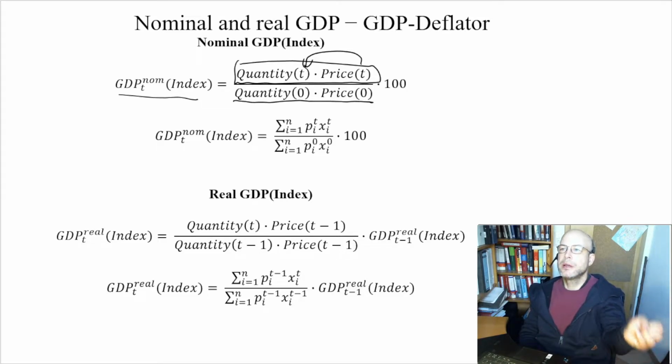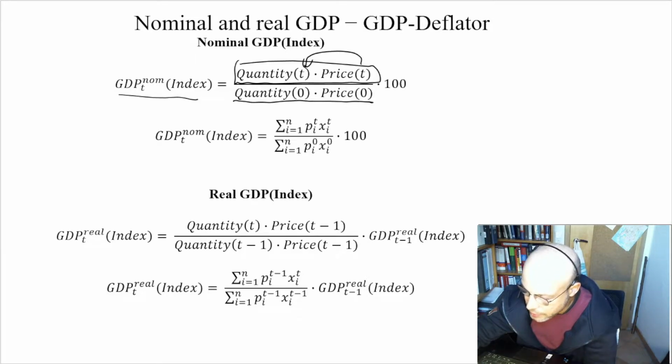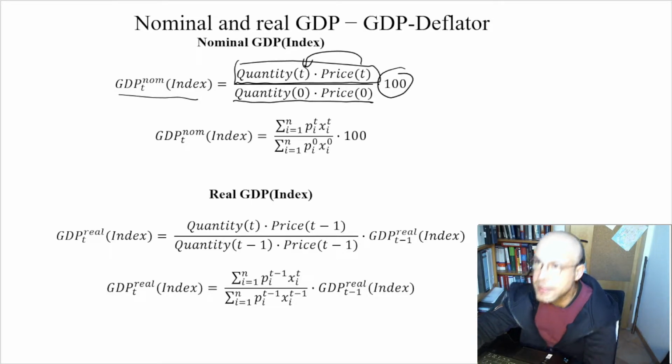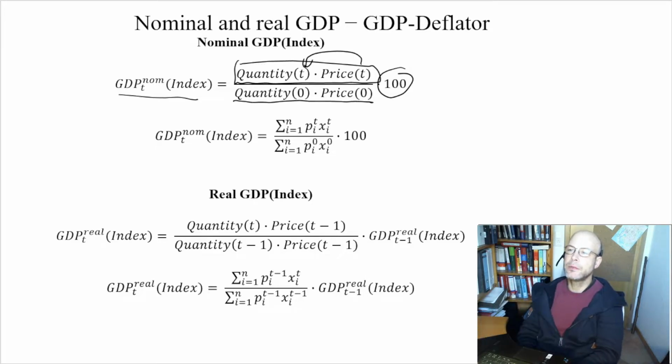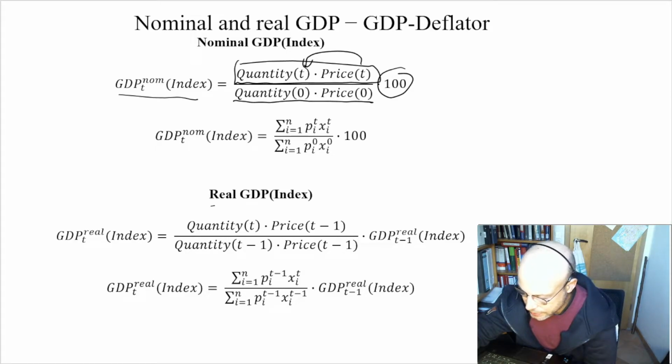But this is only fixing that we afterwards obtain an index, and then we multiply this number with 100, because in general we want to have an index in the neighborhood of 100, while the real GDP index, and this is now the chained index.